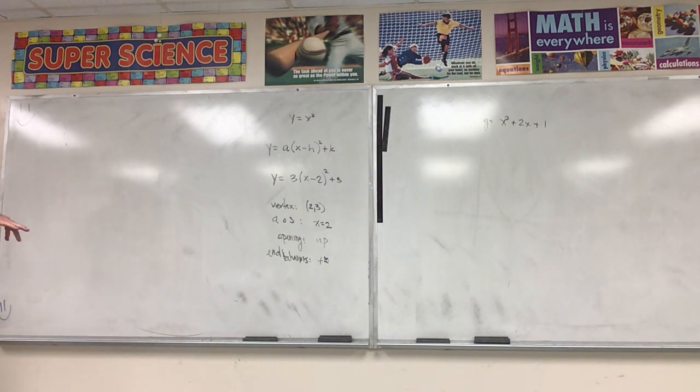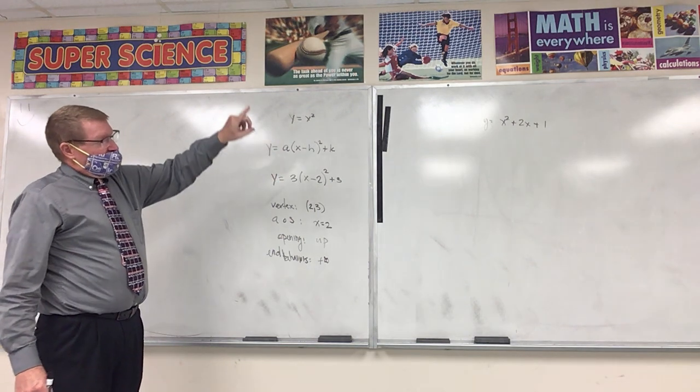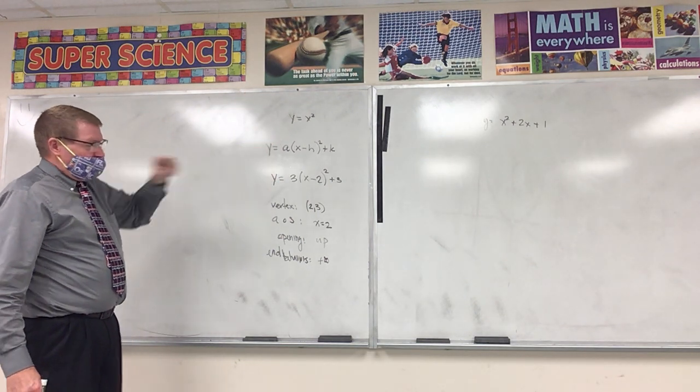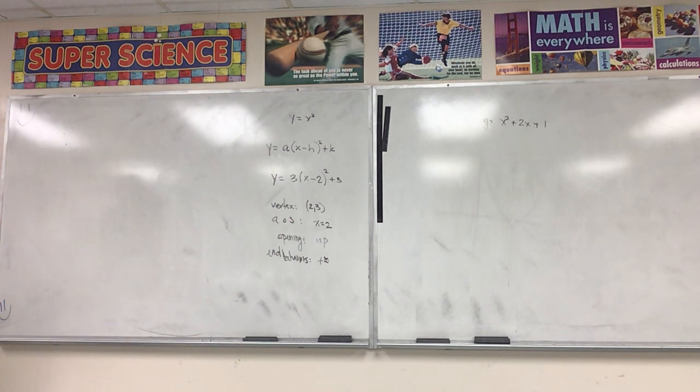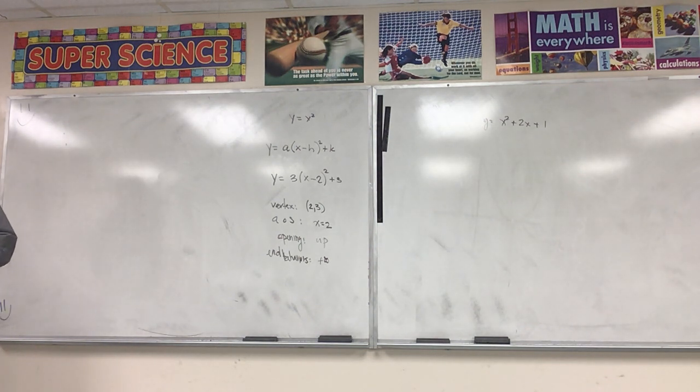I need it in this form here. So how do we learn to get it from that form to this form? We completed the square.